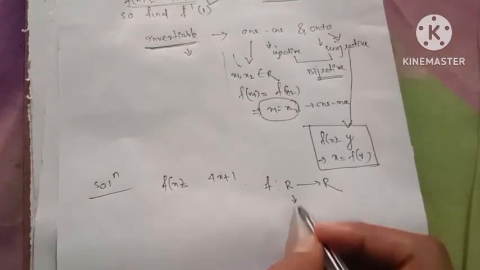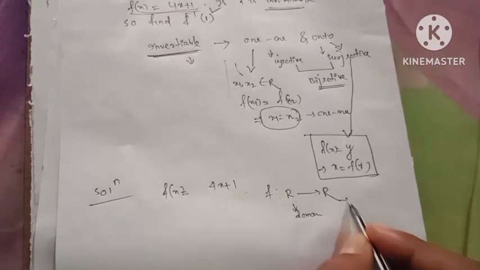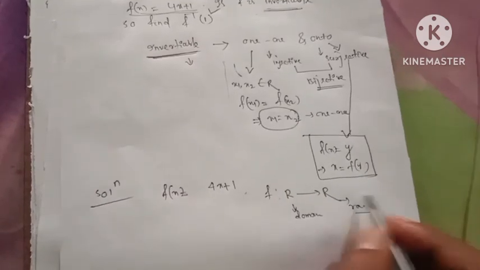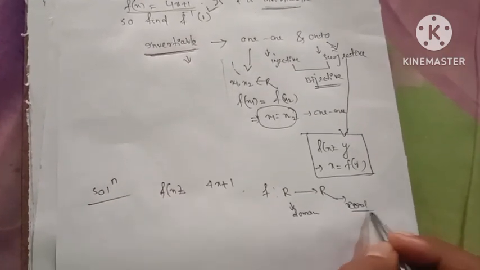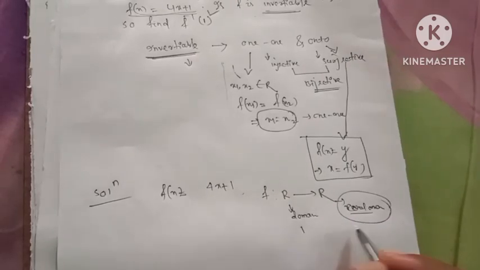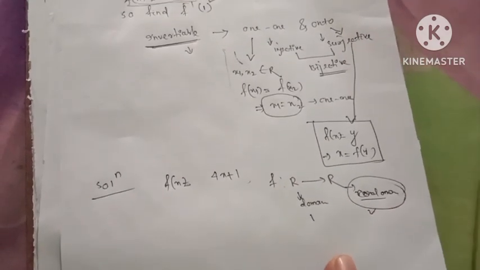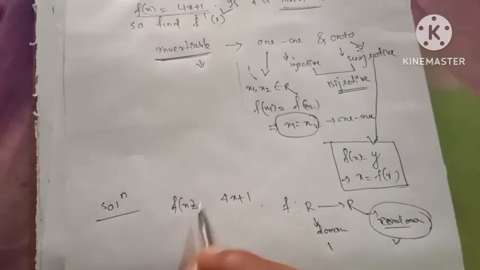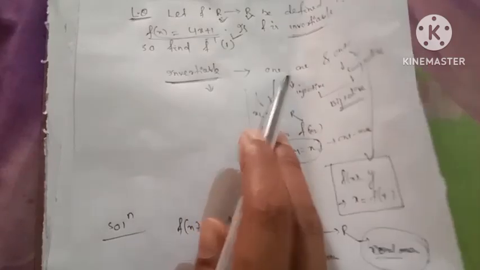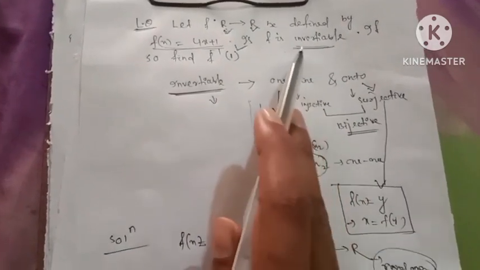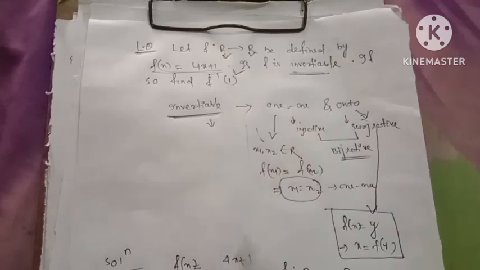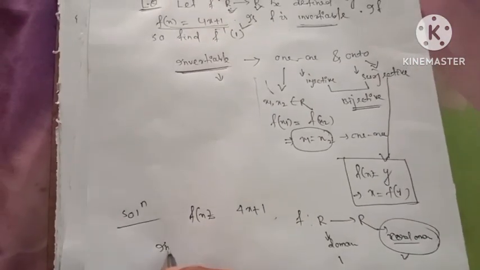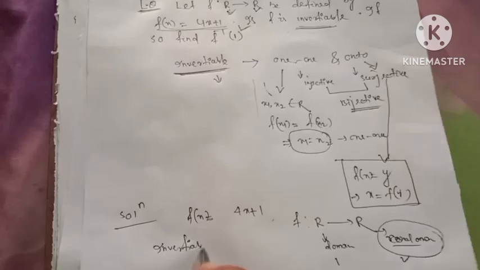This is the domain, and this is the range or codomain. I will first prove that this is one-one and onto, because then I will find that this is an invertible function. Invertible means one-one and onto.